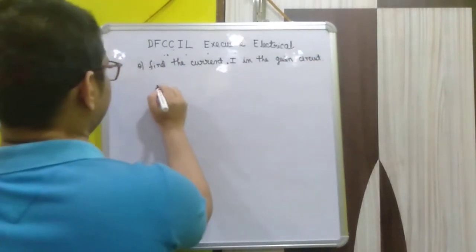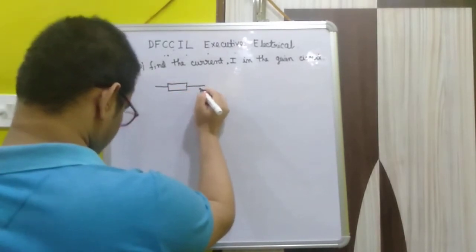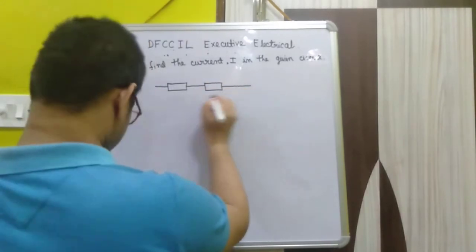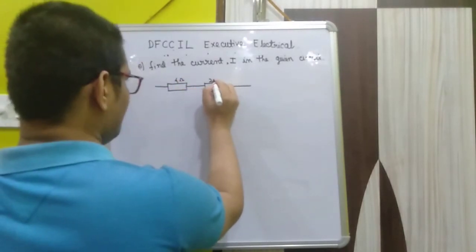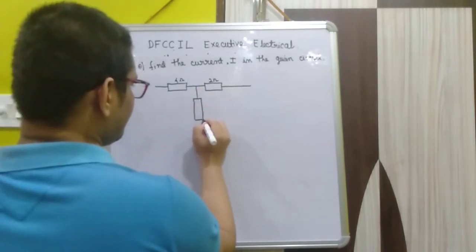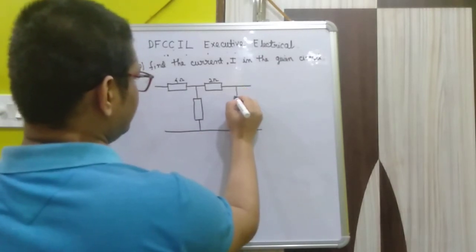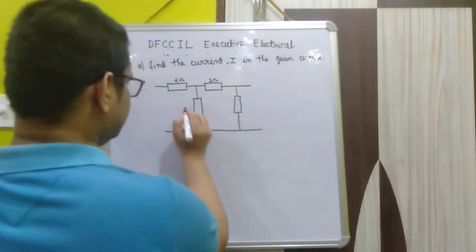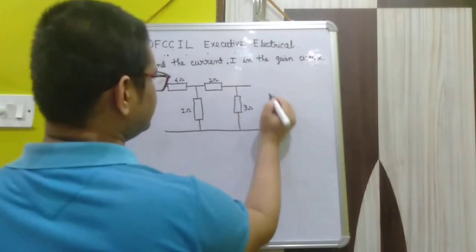So now I draw the circuit which came in the examination. Here is one resistance of 4 ohm, and this is another resistance, and here this value is 4 ohm, and this is 2 ohm, and here is another resistance over here, and this value is 1 ohm, and this is 3 ohm, and here is a voltage source.